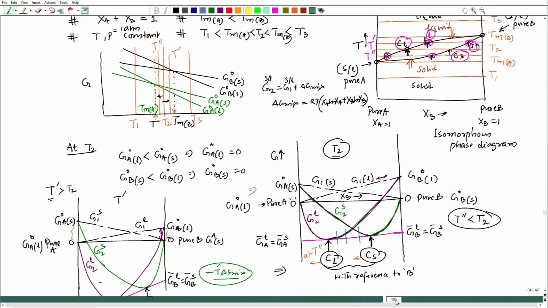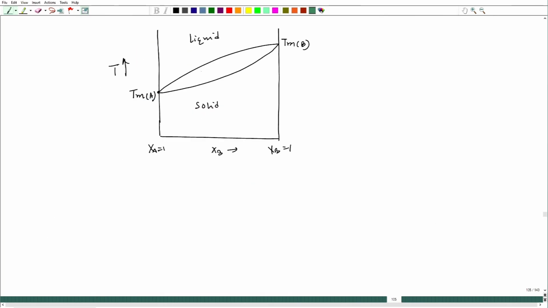So in between we will have solid solution plus liquid solution. If I look at any temperature in between TmB and TmA, this composition Cl is for the liquid phase and this composition Cs is for the solid phase.